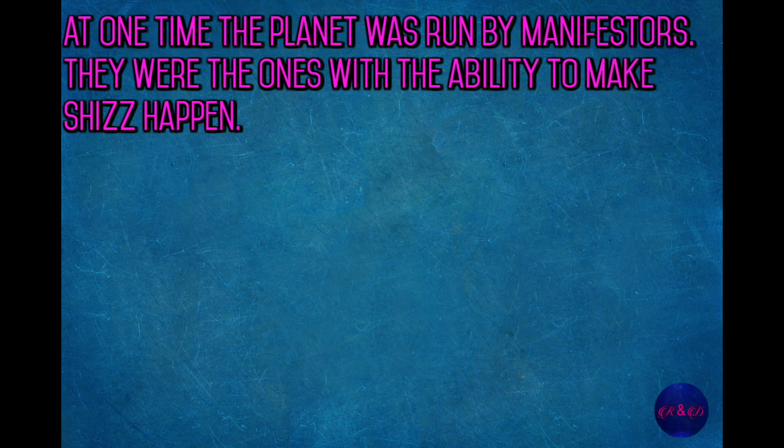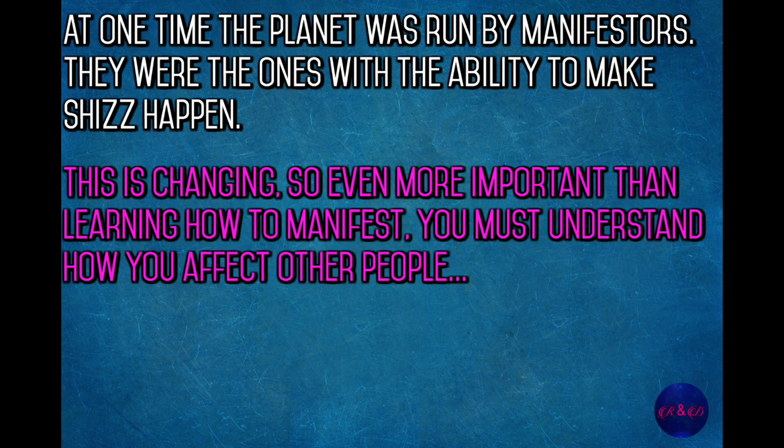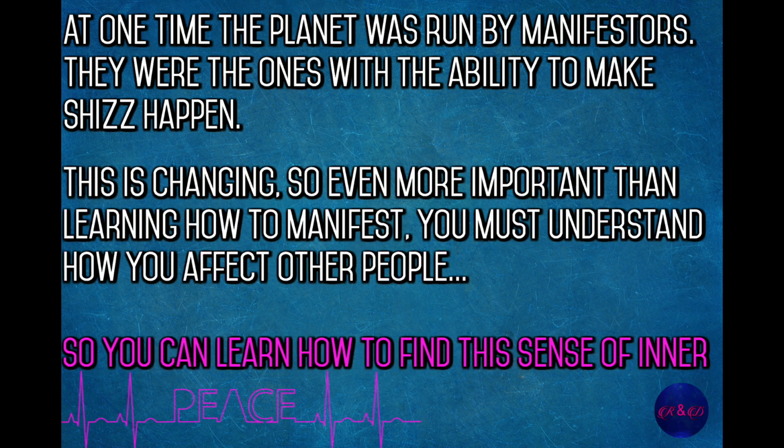At one time, the planet was ruled by manifestors, and they were the ones with the ability to make things happen. And so, like I said in the last slide, this is kind of changing. So more importantly than learning how to manifest, you must understand how you affect other people, so you can learn how to find this sense of inner peace.